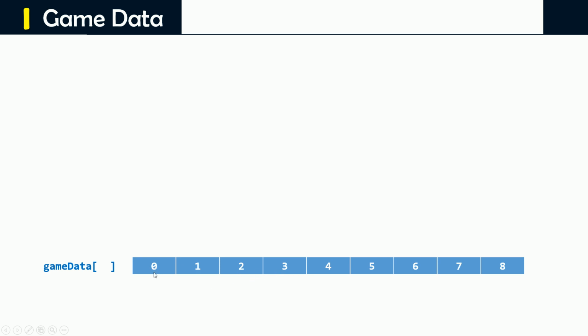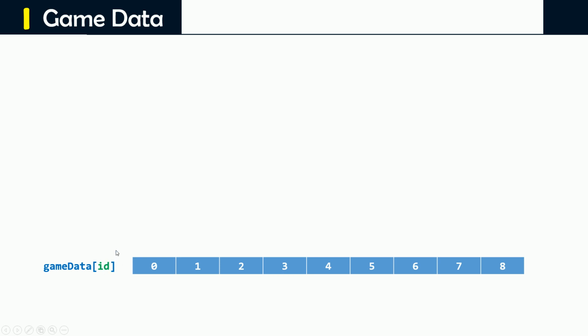Here the first element has the index 0 and the last has the index 8, which are simply the IDs of our spaces. So when the user, for example, clicks on a space, we need to know the ID of that space so we know which element here we're gonna update.